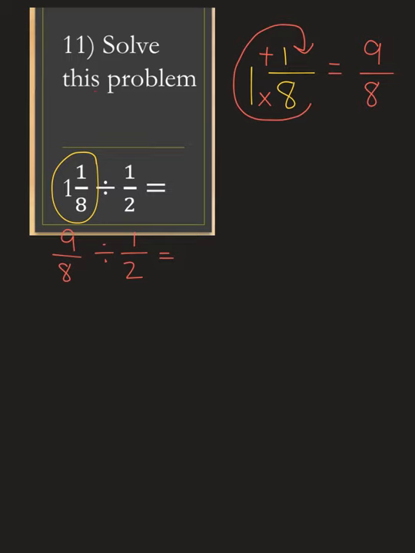Now I need to find my common denominators, which means I need to find my LCM of my two denominators. So I have 2 and 8. List their multiples of 2, which would be 2, 4, 6, 8. And then our first multiple of 8 is 8.